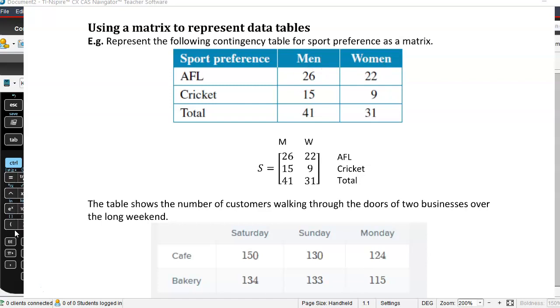So 26 men preferred AFL, 22 women preferred AFL, 15 men prefer cricket, 9 women prefer cricket, to get those totals there. Okay, we can also then present that information as a matrix. Notice that we've then sort of labelled the columns and the rows to make that a bit clearer.